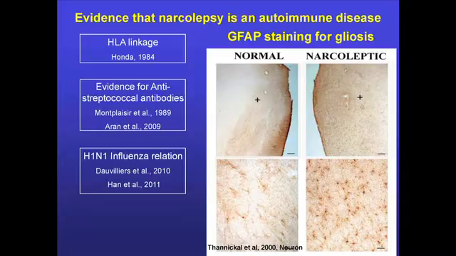So just to back up a bit here, Dr. Thorpe already went over this, the evidence that narcolepsy is an autoimmune disease. And in our initial paper in 2000, we saw evidence of what's called gliosis, a proliferation of support cells in the brain. These are the other cells that aren't part of the 100 billion.